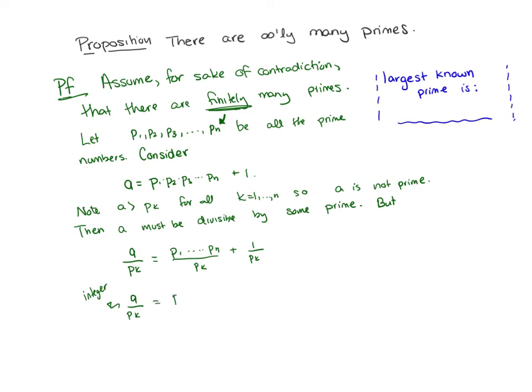That's going to equal P1 all the way up to p(k minus 1). I get rid of the pk, I cancel that out, and then I have p(k plus 1) all the way up to Pn. So that's an integer. But then I have 1 over pk.